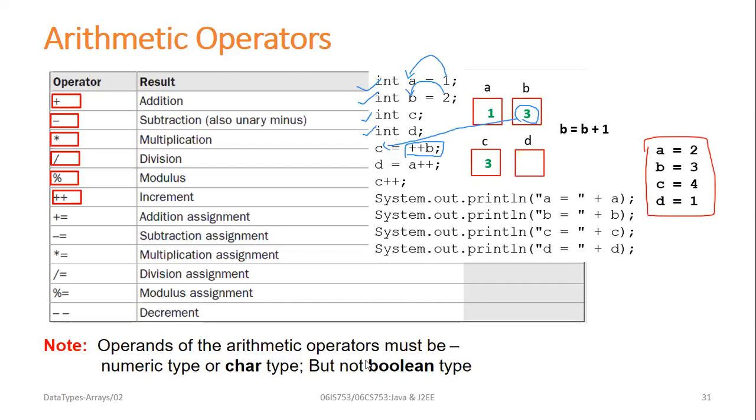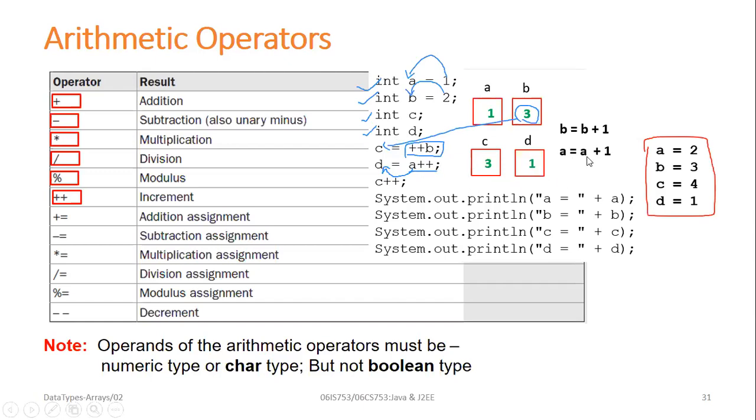And next what I've done, I've done A plus plus. A plus plus means first I'm trying to store the value of A in D, then I'm going to increment the value of A. So first I store the value 1 in D. Next I increment the value of A, so A equal to A plus 1.